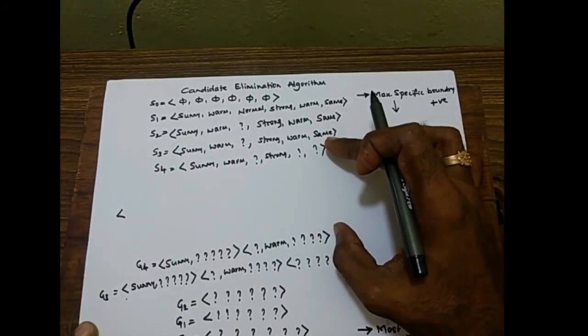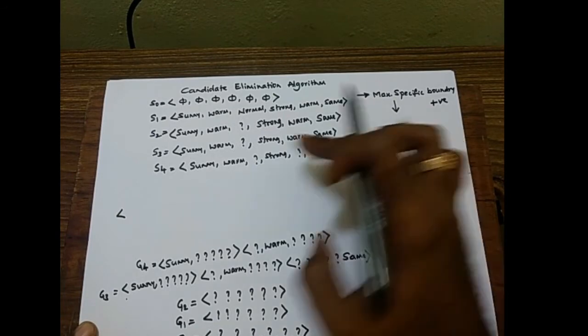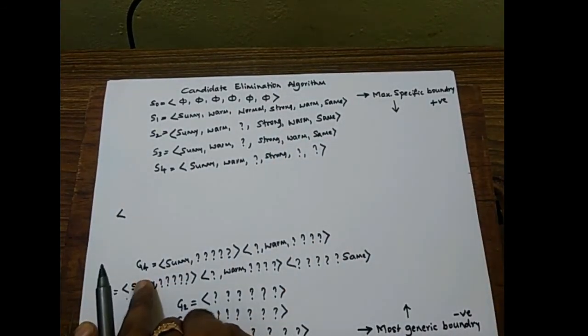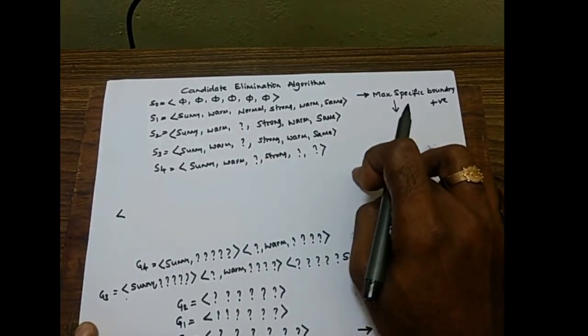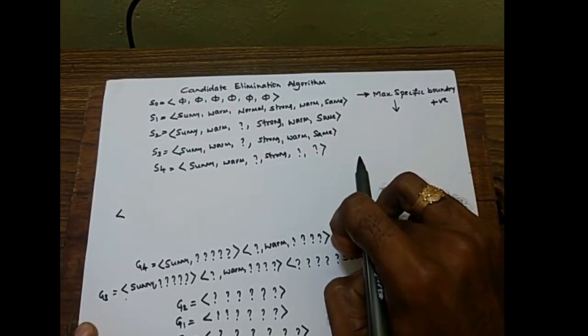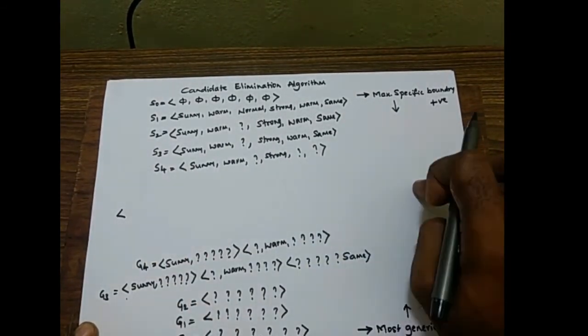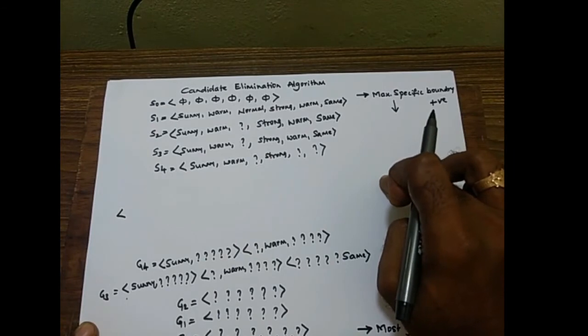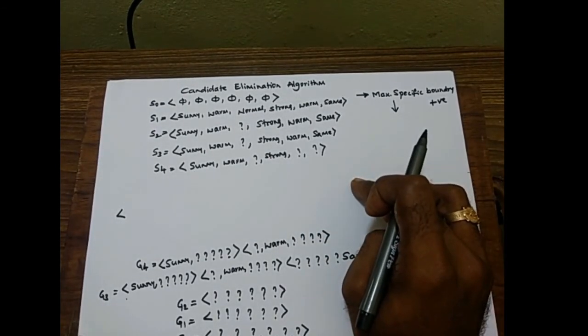We need to consider hypotheses which lie between these two hypotheses, that is S4 and G4, which need to have 4 question marks. Here there are 3, here there are 5. So in between value we want to take, which means there are 4 question marks. So all the possibilities you can write here. That will be your final answer. That is the hypothesis which will satisfy the training sample.